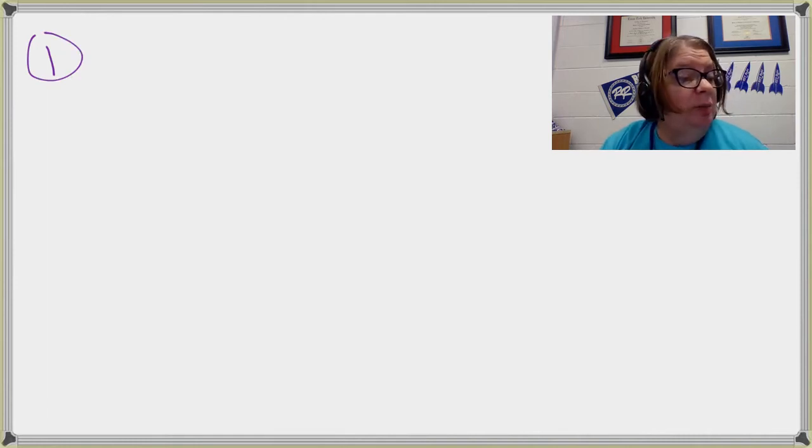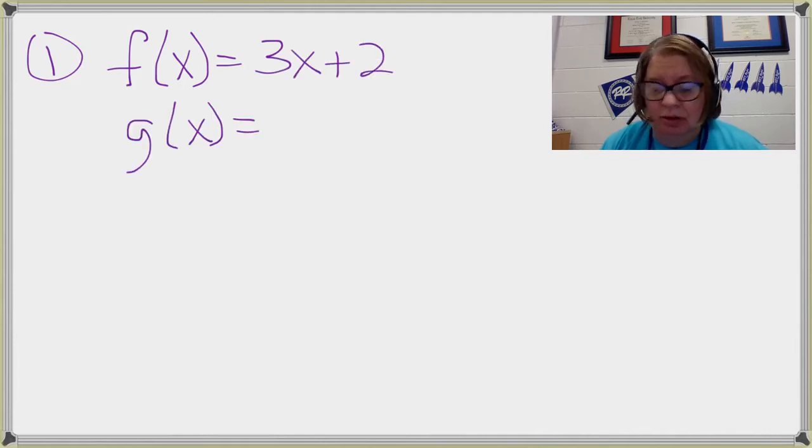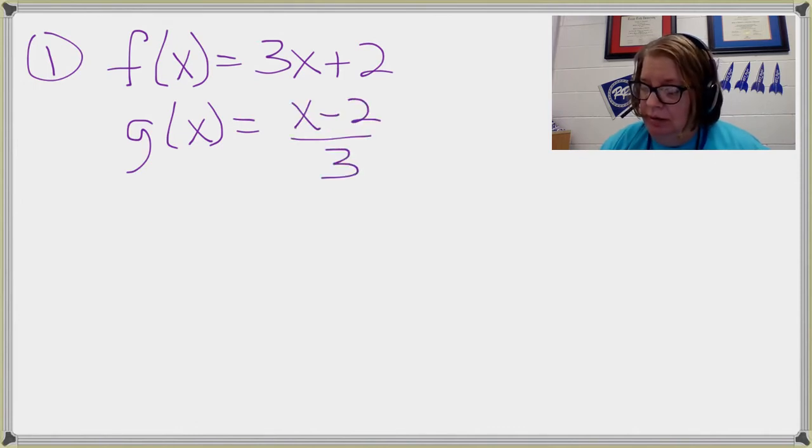If you've been back to class since you were absent, then you have a paper where we worked some of these. Number 1 said f of x equals 3x plus 2, and g of x equals x minus 2 divided by 3. The directions say determine if f of x and g of x are inverse functions.